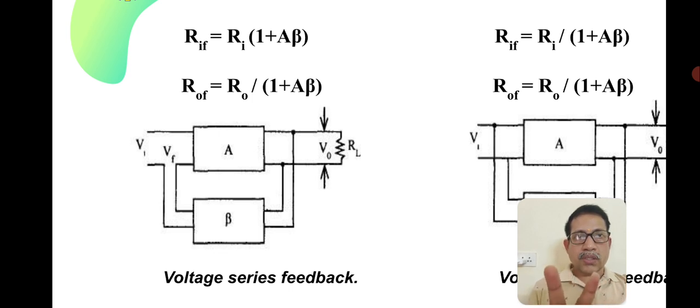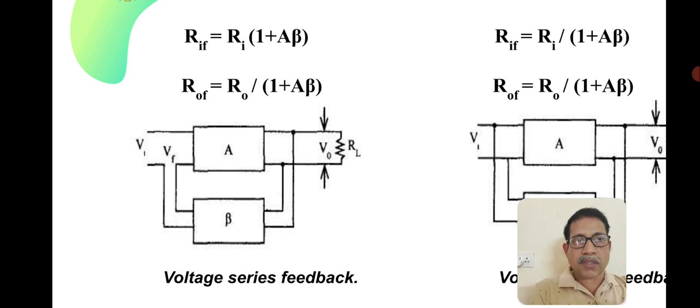Here, one is the input resistance and the other is the amplification part of the feedback, which is 1 plus A beta. Therefore, it is R1 into 1 plus A beta. This is the input feedback resistance.